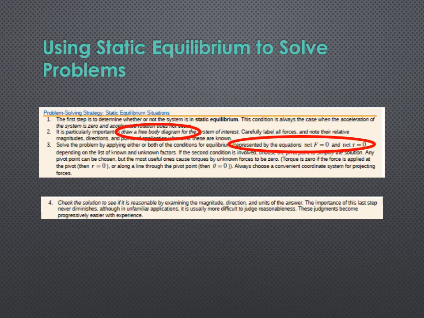In the previous example of the seesaw, the only upward force was from the pivot point, and if it was at the center of the board, it meant that you could very easily figure out your y forces and your distances from the pivot point. So, again, if you have a choice, you want to cause any torque by an unknown force to be 0, so either at the pivot point or along a line through the pivot point where that sine theta in the equation is 0.